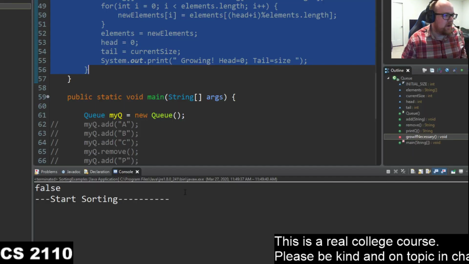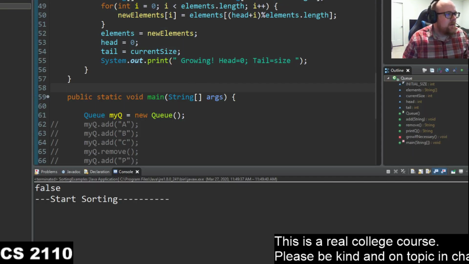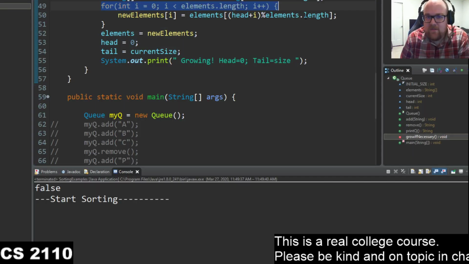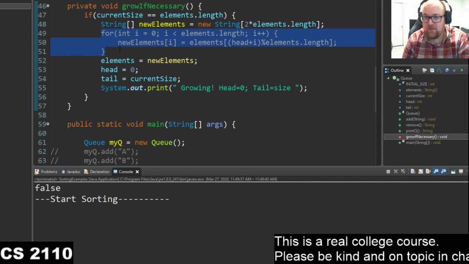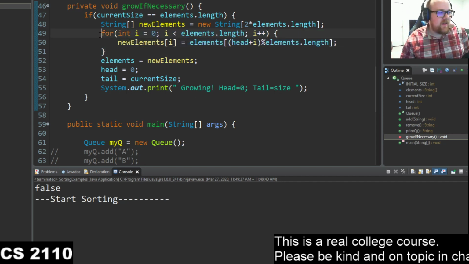So again, when we looked at this function, this loop runs n times, n being the size of our queue, the queue array being elements. If I double the size of elements, this loop takes twice as long to run. This means that it grows linearly. As I increase the size of my queue, this step takes longer and longer, but that is a linear growth.